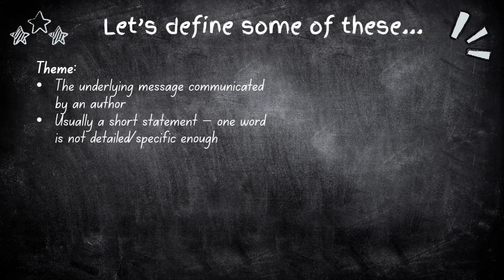When we identify the theme, it should be in the form of a short statement, because one word is not specific or even detailed enough. You cannot say that the theme of Romeo and Juliet is love. You are not being specific enough when you say love.